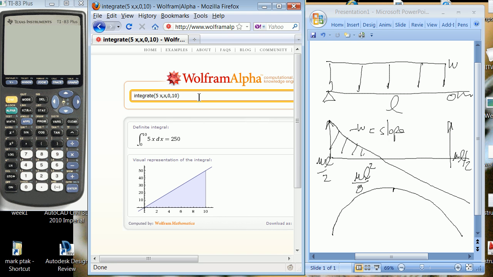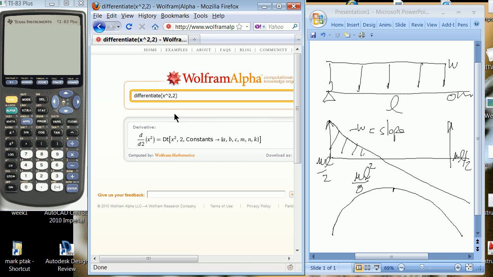But I just want to introduce you to those tools, and we're going to try the opposite since we talked about it, and that is differentiate. And we'll try this now, x squared with respect to x, and we'll see how it does on that. I'm not sure what it did.